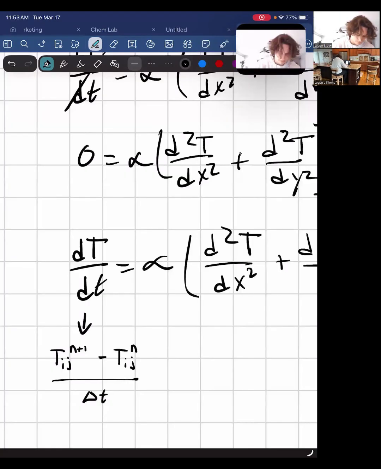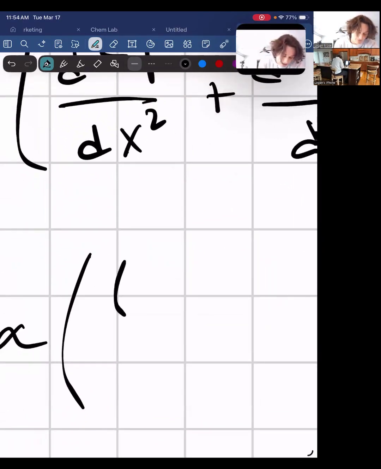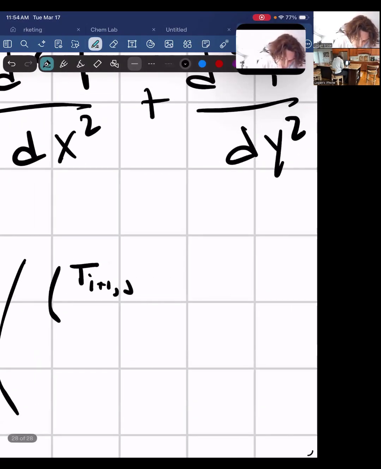And that all is with respect to the change in time, right? So when we're looking at this, we can move on to this side of the equation, right? We have our thermal diffusivity. And so what is the second derivative of temperature, right? We're going to have our change in temperature, right? So it's going to be T in the x direction, T i plus 1, j minus T i j, right?